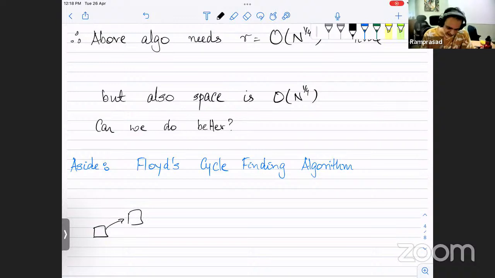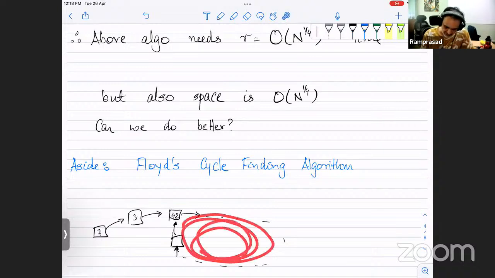Each cell has an index. Maybe this is index 7, this is index 3, this is index 42, and so on. It just keeps on going. But at some point, it might do this big loop, and end up looping within itself.